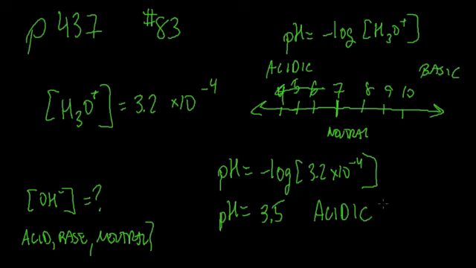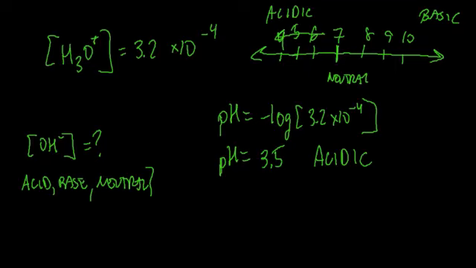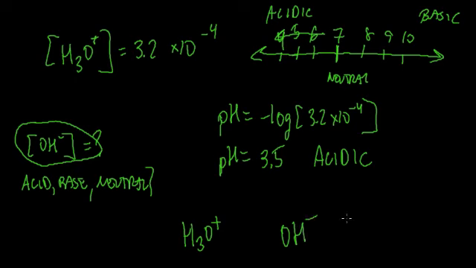All right. Now let's scroll down just a little bit, because this next question is about the hydroxide concentration. Now, acids and bases are kind of an interplay between the two species, hydronium ions, the acidic portion, and the hydroxide ions, the basic portion, in water, in aqueous solution.